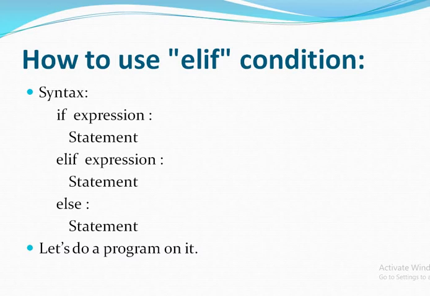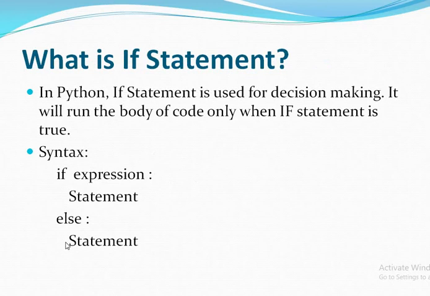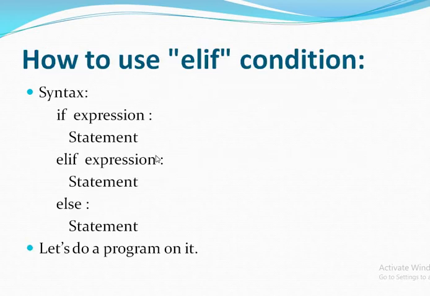As you can see in the last syntax, if has an expression, but else does not have any kind of expression. So here also, if has an expression, elif has an expression, but else is the condition that will only get true when all the other conditions are false. That means else will get a true value only if the other given expressions are false.